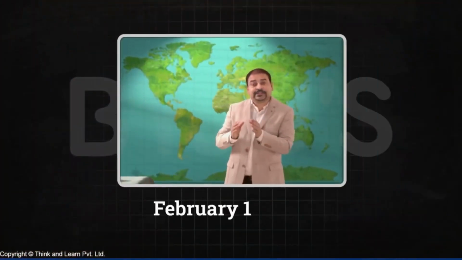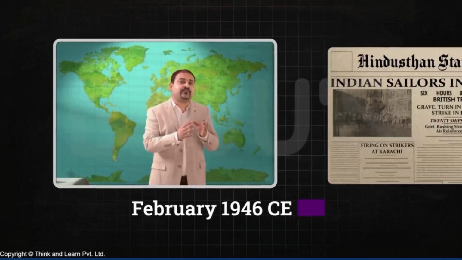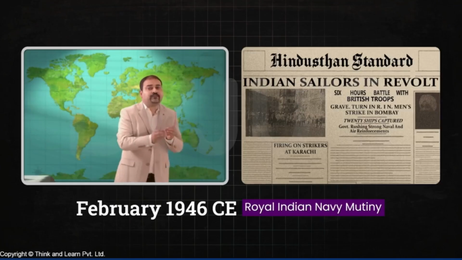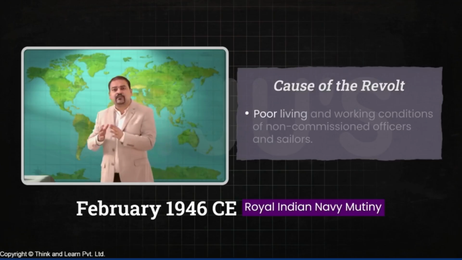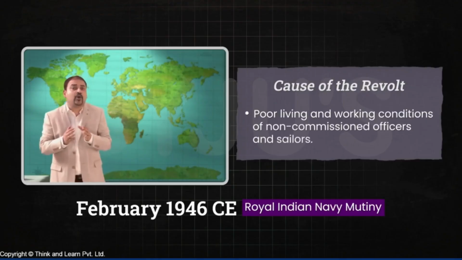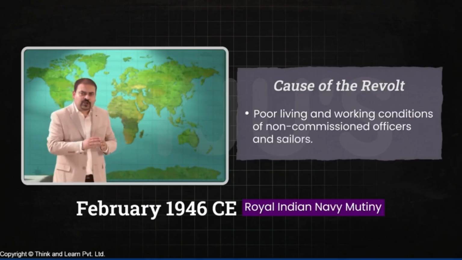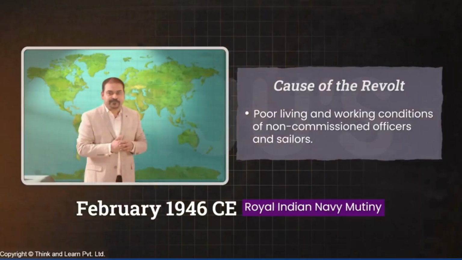The next year, in 1946, the British faced a new challenge in the form of the Royal Indian Navy mutiny in February. What began as an opposition to the poor living and working conditions by the non-commissioned officers and sailors, or ratings, against the British soon turned into a mutiny against the British rule in India.